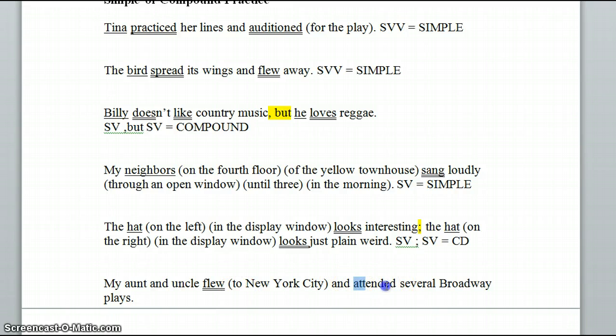Yes, attended. Second verb. Good. Go back to the first verb and locate the subject. Flew. Who flew to New York City? In this case, we have two people flying. We have aunt and uncle.